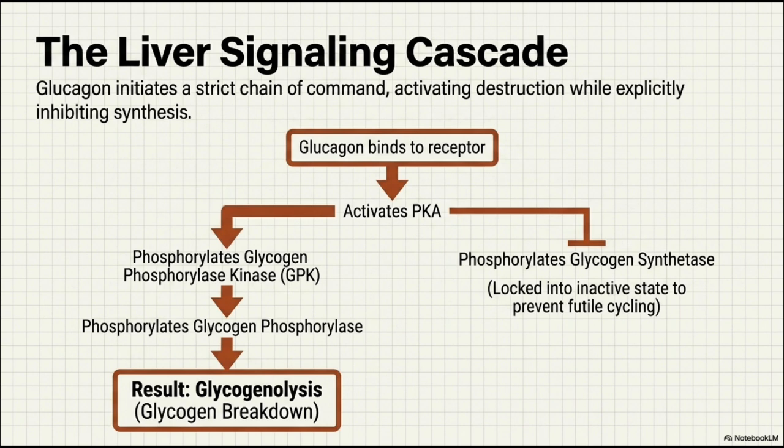Simultaneously, it will inhibit glycogen synthesis. That's always very important. You're activating one thing, inhibiting another, so you're not having both occur simultaneously. And the inhibition of glycogen synthesis is because you phosphorylate glycogen synthase by PKA, which becomes inactive under those conditions.